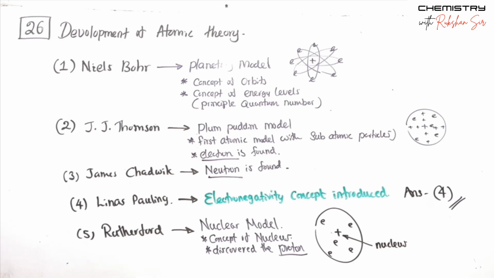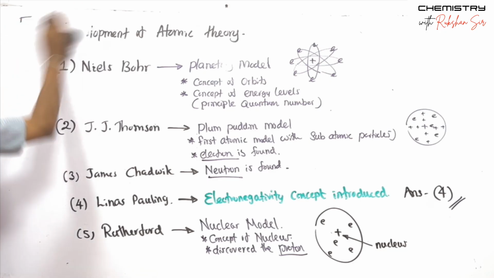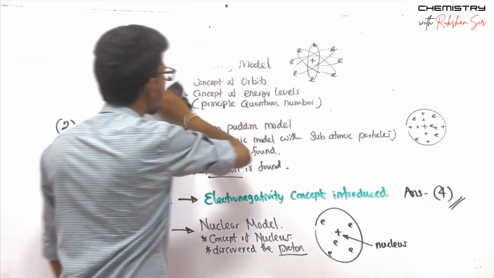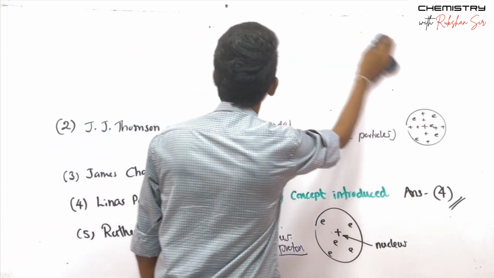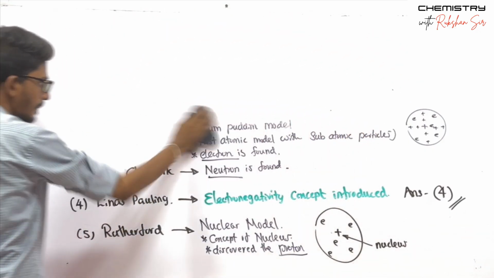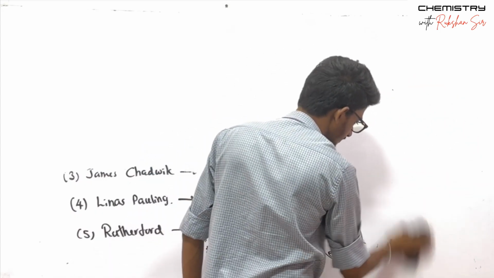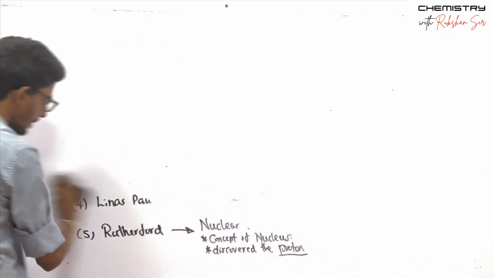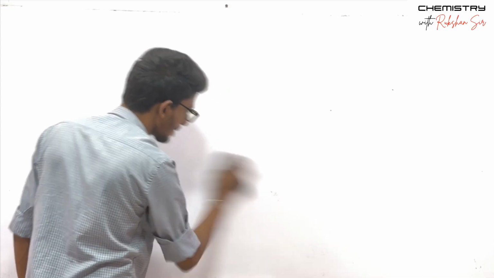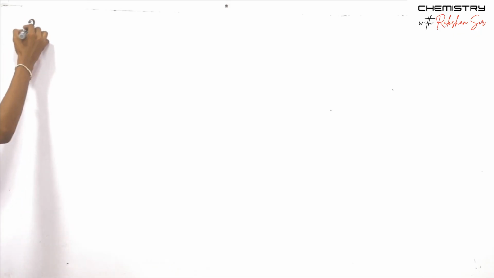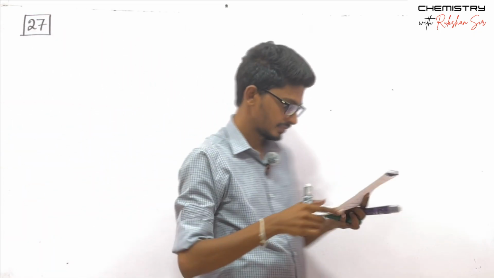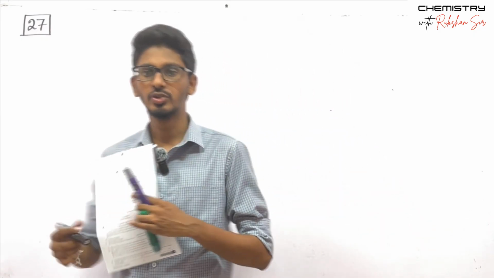Question 27. See how it appears. The neutron was discovered by simply James Chadwick, right?